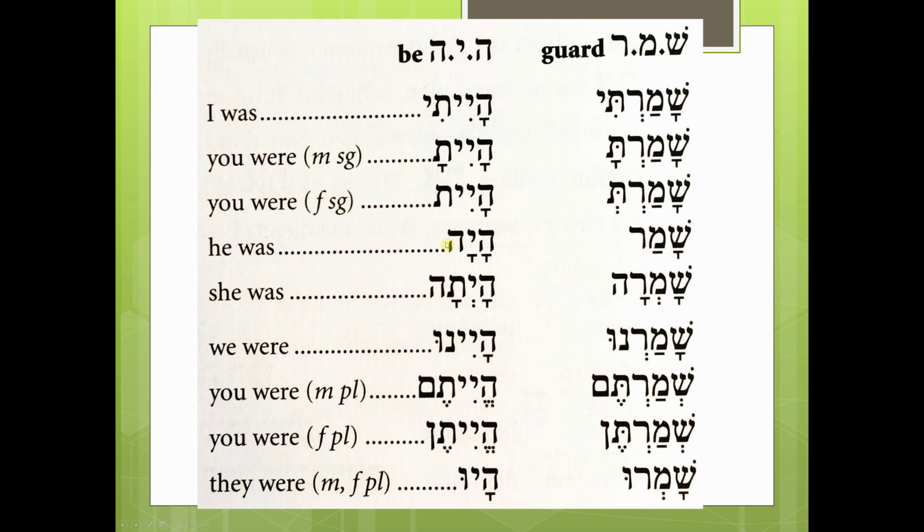But the ending remains the same, but the third hey drops off. And what's more, when we get to the third feminine singular, the hey gets transformed into a tav. Haita. Then the hey drops off again. So it's only in this third feminine form that the hey gets transformed into a tav, but worth noting nonetheless.